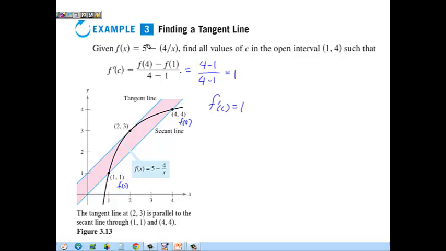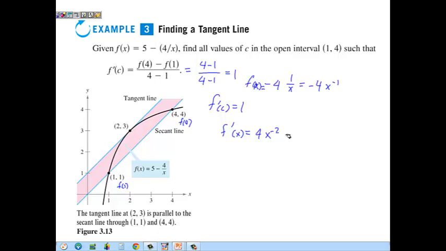So we're going to find the derivative now of that. So the derivative of 5 is 0. And then we have this going on here, which is this. Okay. And we take the derivative of this, we get positive 4x to the negative 2.